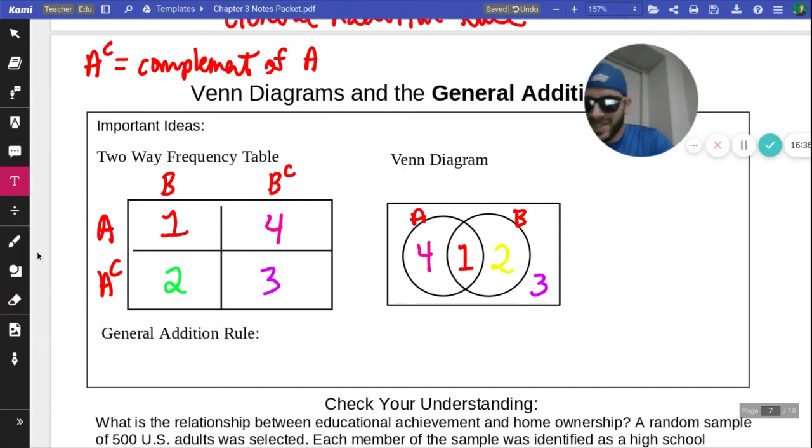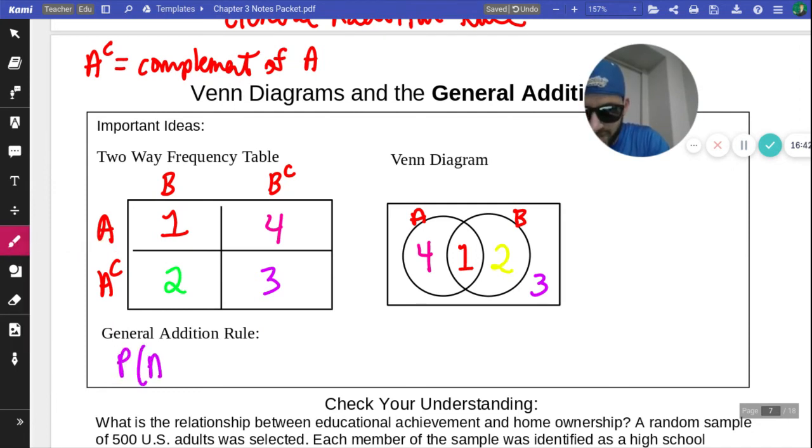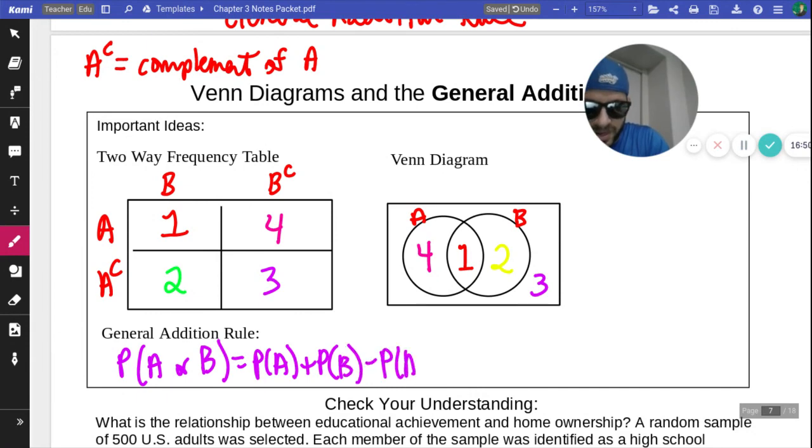Our general addition rule is going to be that the probability of A or B is the probability of A plus the probability of B minus the probability of A and B. And then that is for non-mutually exclusive events.